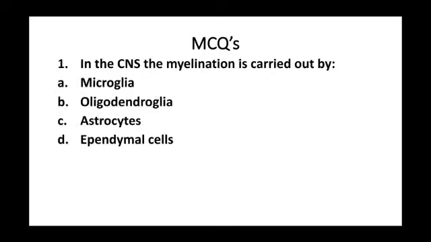So the MCQs are, number one: in the CNS, the myelination is carried out by A. Microglia, B. Oligodendroglia, C. Astrocytes, and D. Ependymal cells.